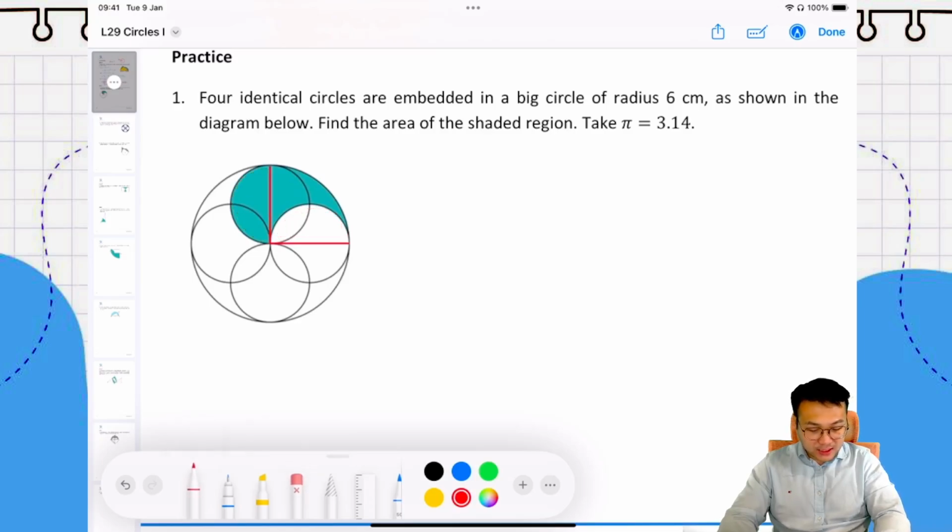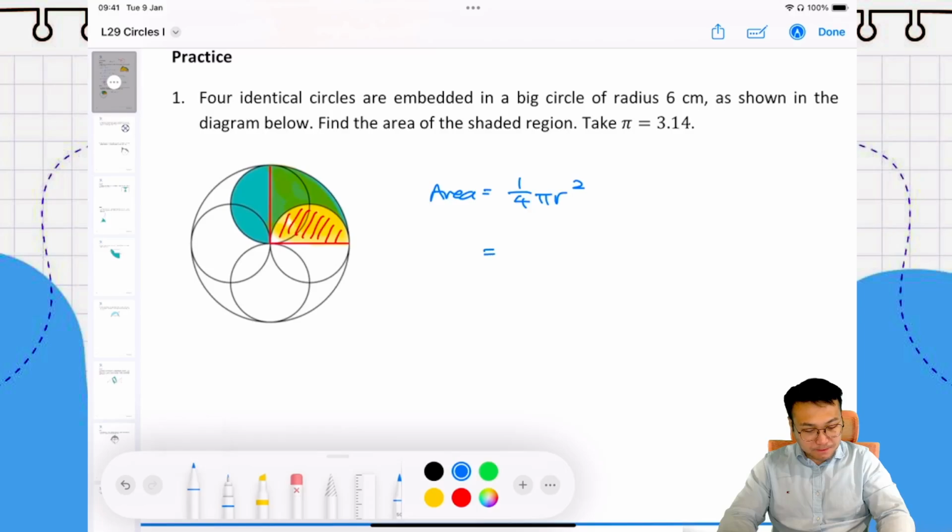We can actually cut this shaded semicircle and paste it in here. Then what shape do you get? You will get a quadrant. Okay, students? So, in order to find the area of this shaded region, you need to find 1/4 pi r squared. 1/4 because it's a quadrant.